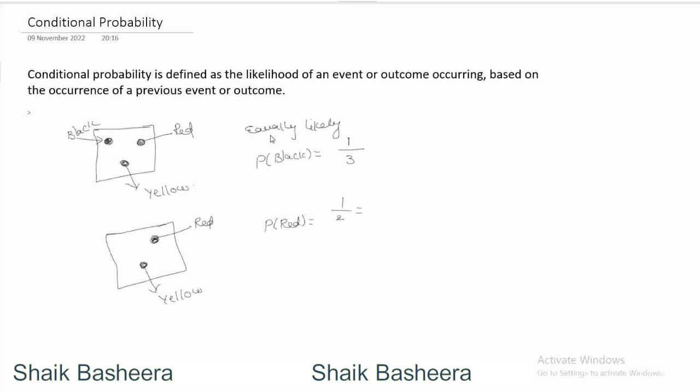It means, based on the condition we are taking here, we are not replacing the black ball. Under that condition, the probability, instead of 1 by 3, has changed to 1 by 2. So these types of representations are carried out.